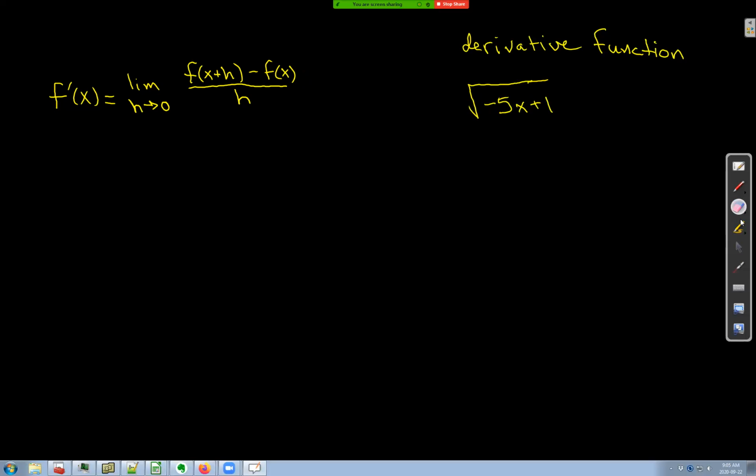So now what we have to do is simplify this. The idea is you ask, what's f? I didn't write it down, but f is the function that you're given. So I can rewrite this limit as h goes to 0 of, let's see, what is f of x plus h going to be?